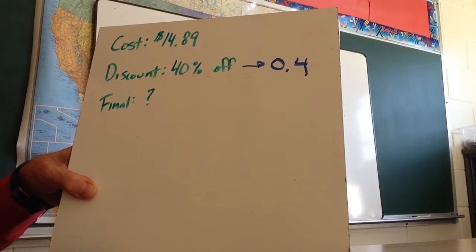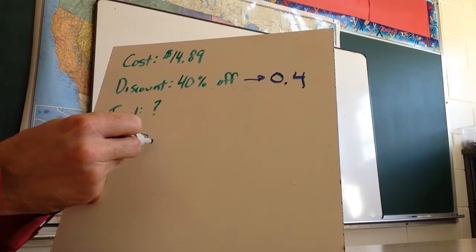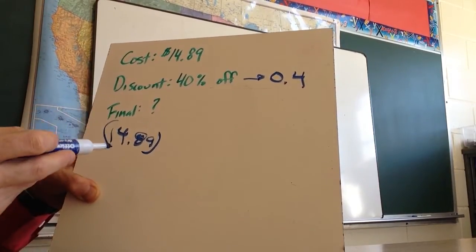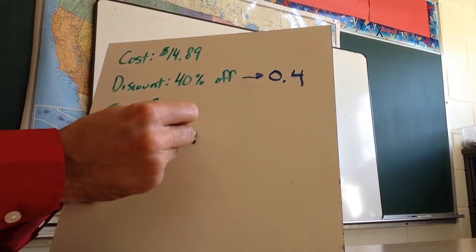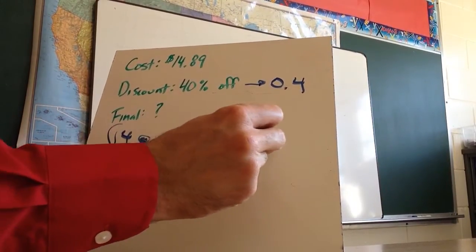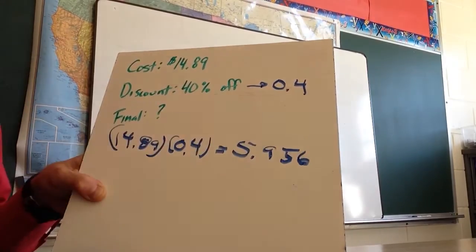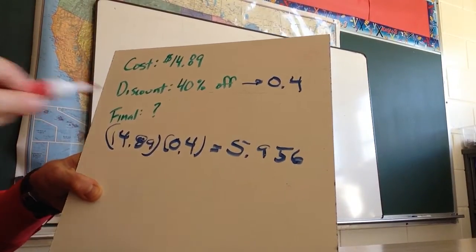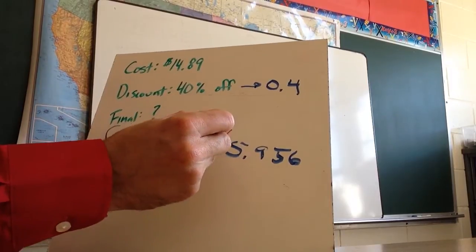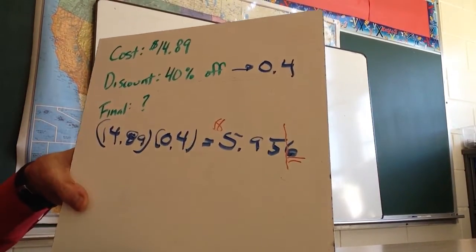So $14.89 times 0.4, and this equals 5.956. Now, as we talked about before, remember this is dollars. So this is my line. This 6 tells me that I should round up.